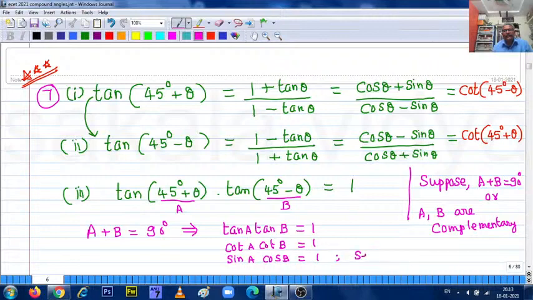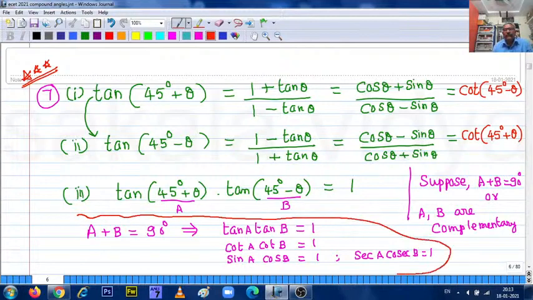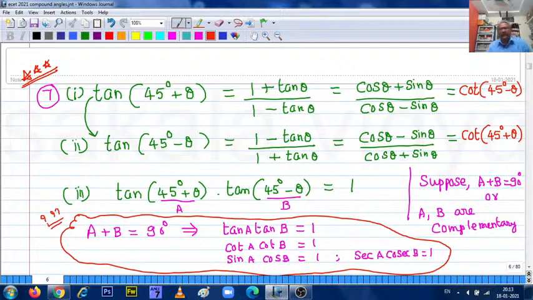Even sec a into cosec b is also 1. So remember this important result, it will be useful for all entrance examinations. Saket, welcome Saket.